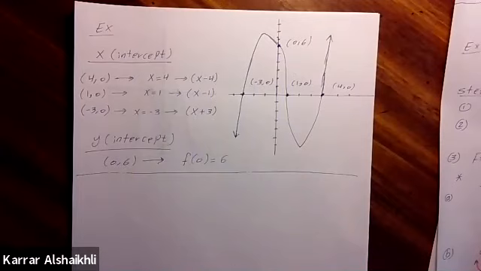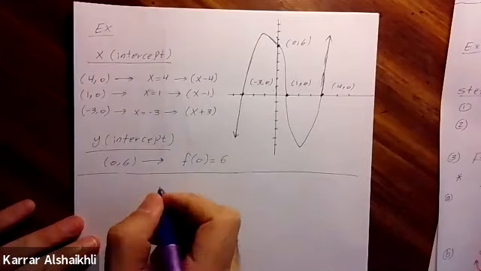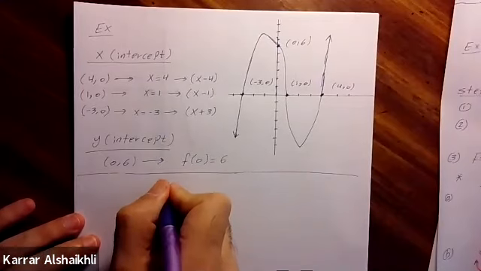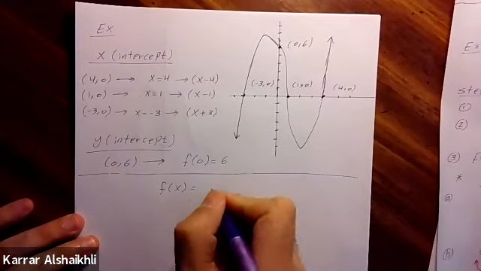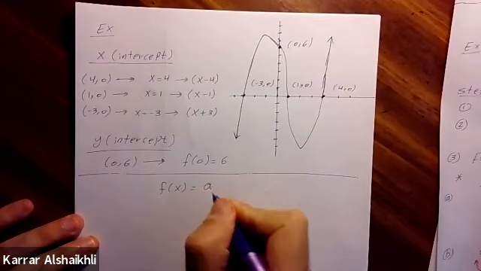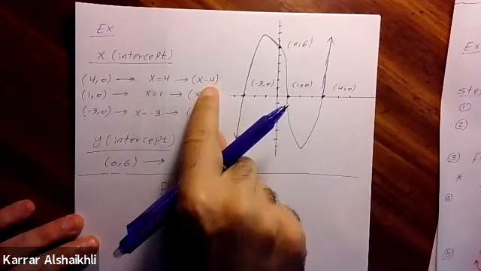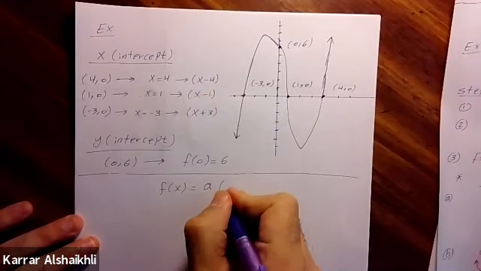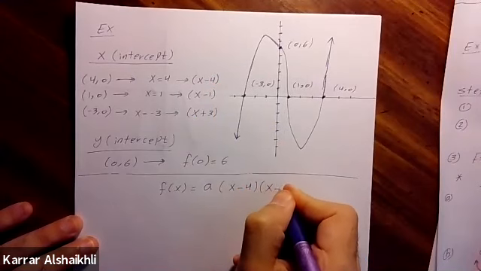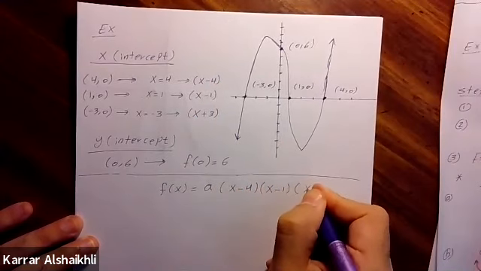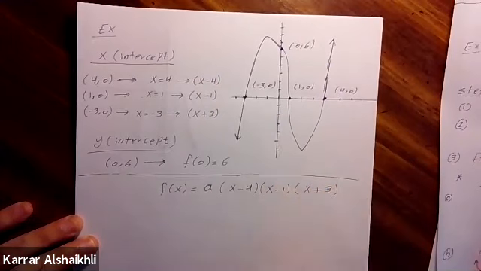Now here's the important part. We're going to write down the polynomial function. I'm going to write down the general form. f(x) equals, I'm going to put the coefficient a, and write down all these parentheses: (x minus 4)(x minus 1)(x plus 3).